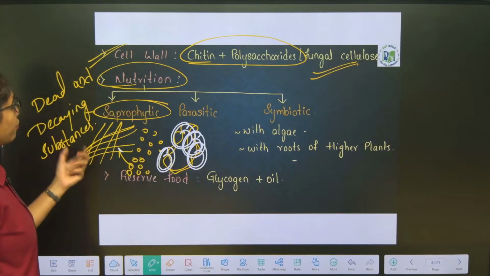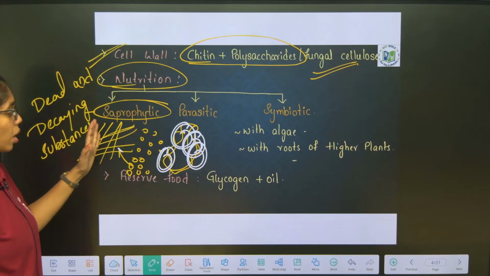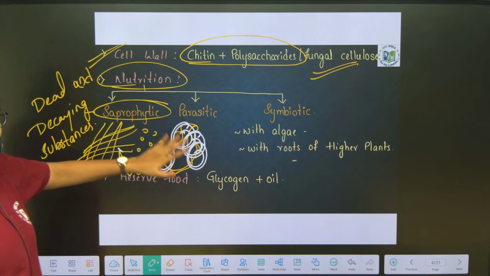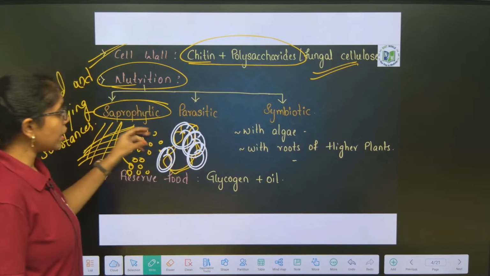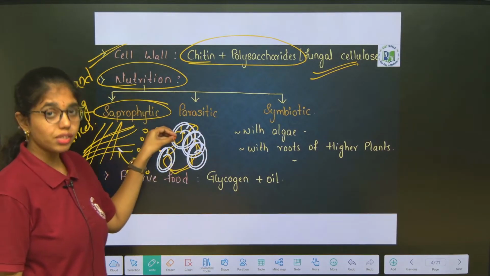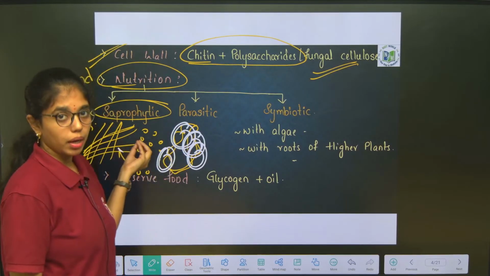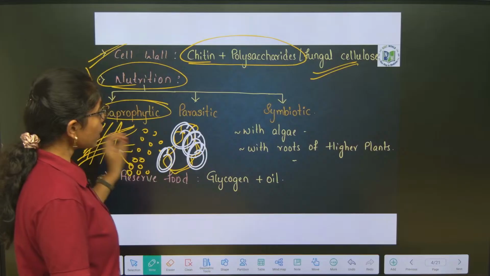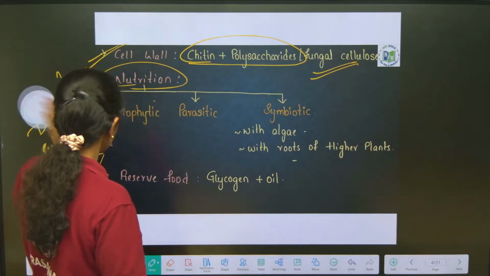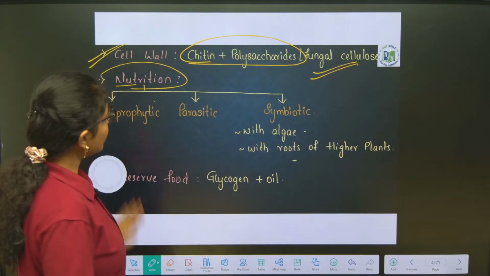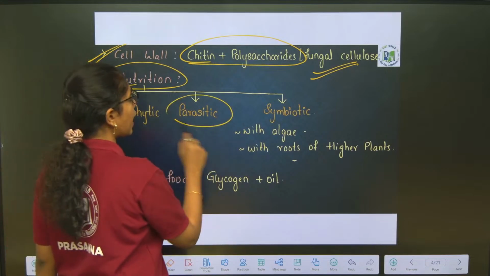So, how saprophytic mode of nutrition operates: their target is the dead and decaying matter. They release enzymes which solubilize the complex matter into simpler substances, and these are absorbed back into the hyphae. Parasitic mode of nutrition relies on living plants and animals.